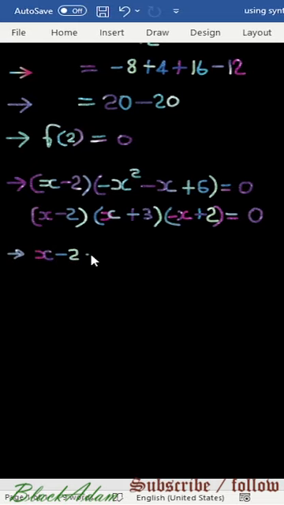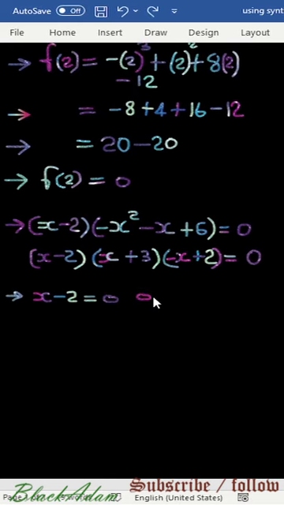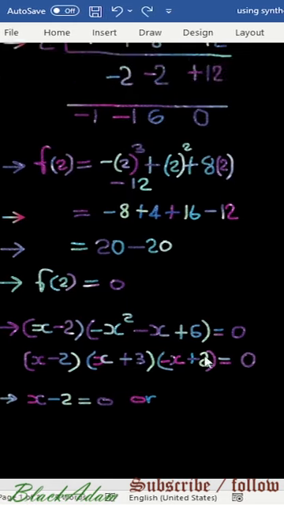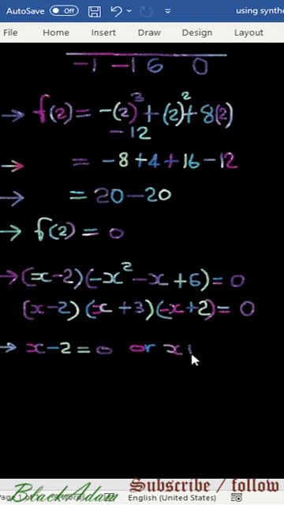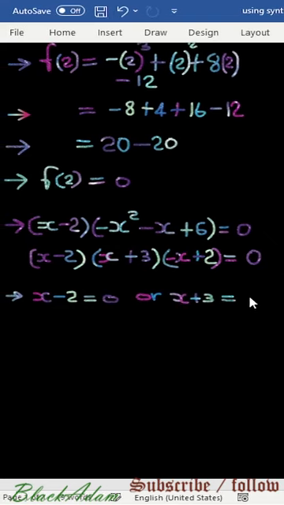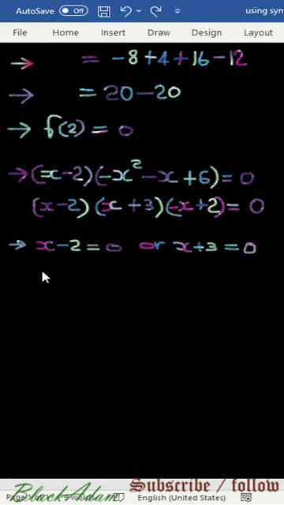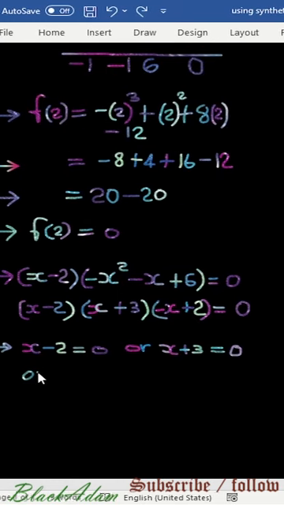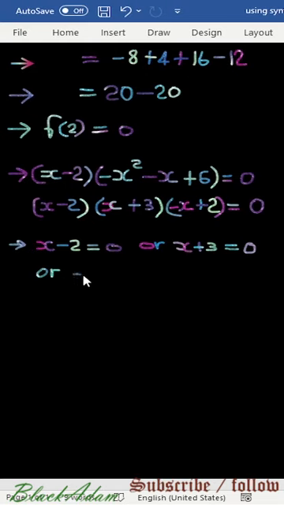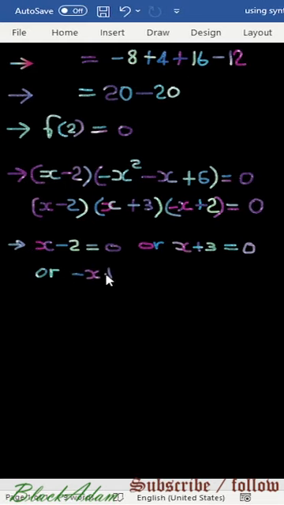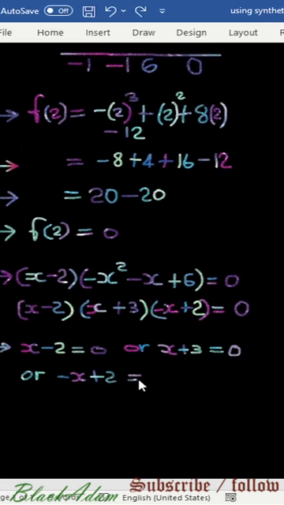So we have x minus 2 is equal to 0, or we have x plus 3 which is equal to 0, and we also have -x plus 2 is equal to 0.